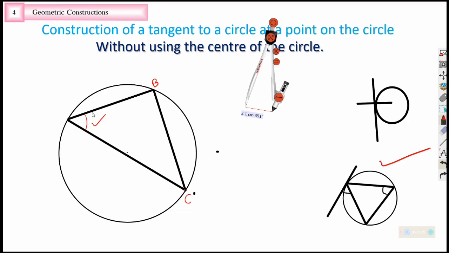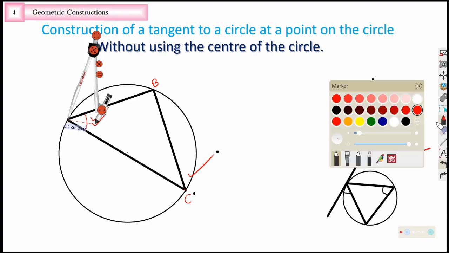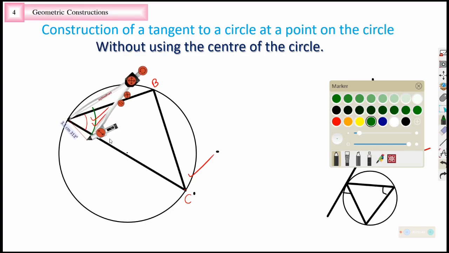So why can't I copy this angle over here and get that tangent? That is the technique. To copy an angle, it's very simple. Simply bring the compass to that angle and draw an arc touching both the arms of the angle.